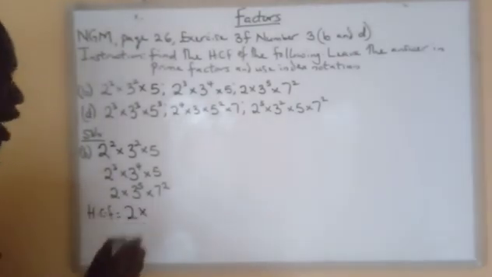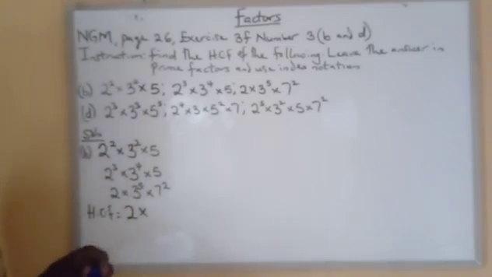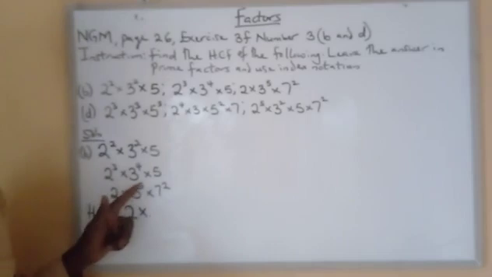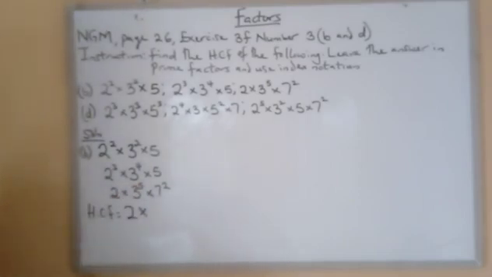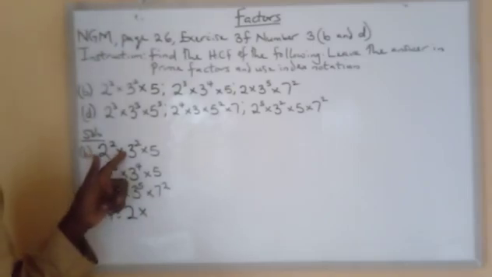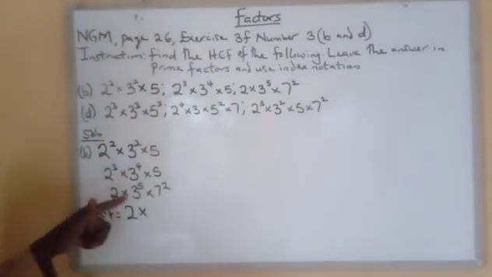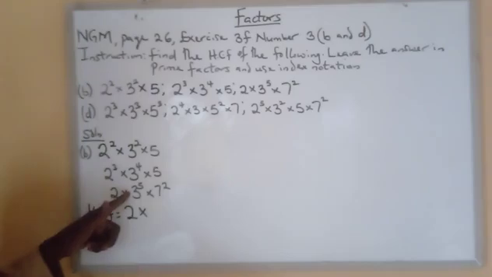Then we say times, and we now move to this. This is 3 to the power of 2, 3 to the power of 4, 3 to the power of 5. So this is 3 to the power of 2, meaning 3 times 3. This is 3 times 3 times 3 times 3, 4 times. This is 3 times 3 times 3 times 3 times 3, 5 times.